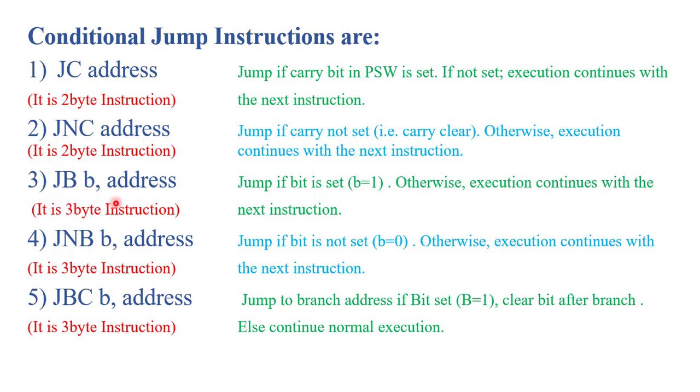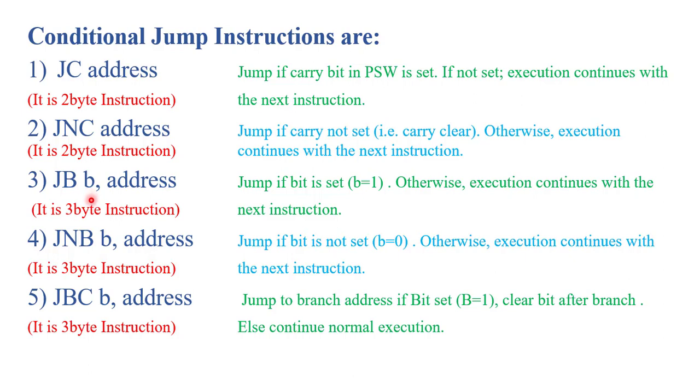Third is JB bit, address. This instruction tells that jump if bit is set. It checks the status of the bit specified in the internal RAM. If the bit is set, meaning the bit is 1, then the program counter is loaded with the new address and jumps to the new location.